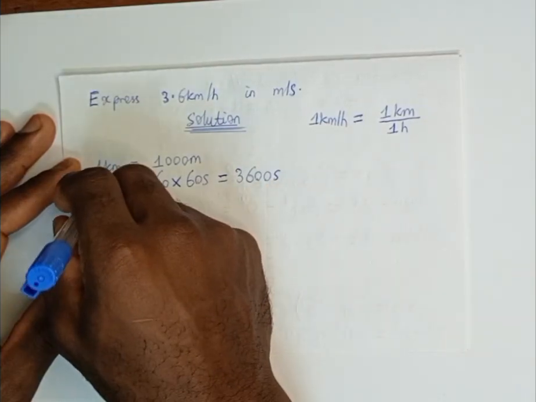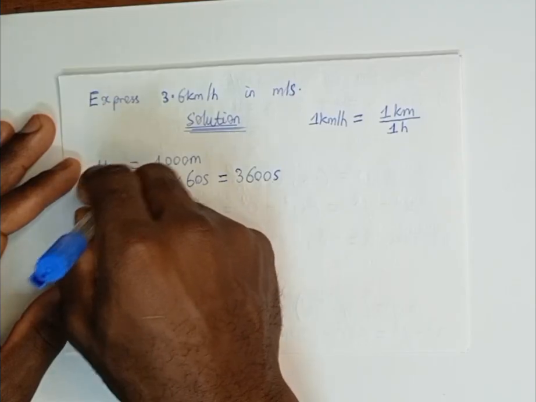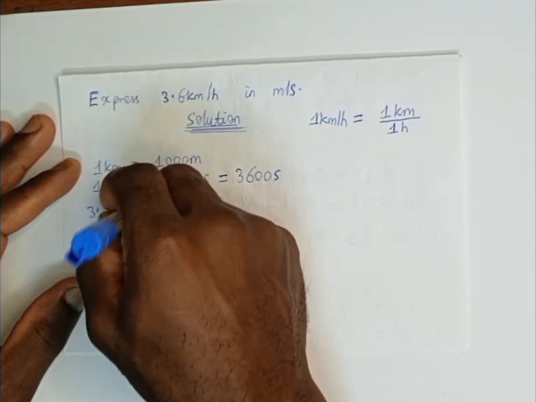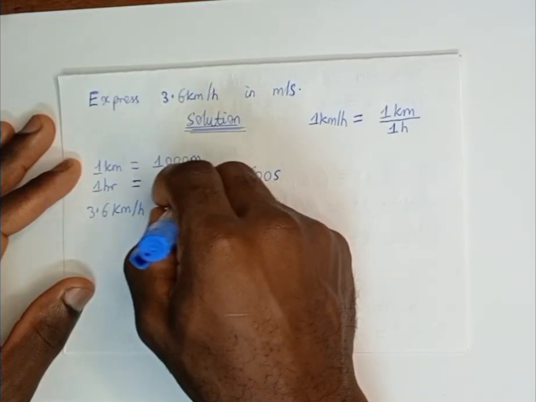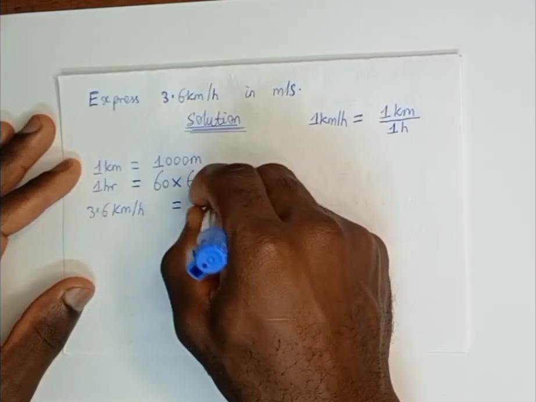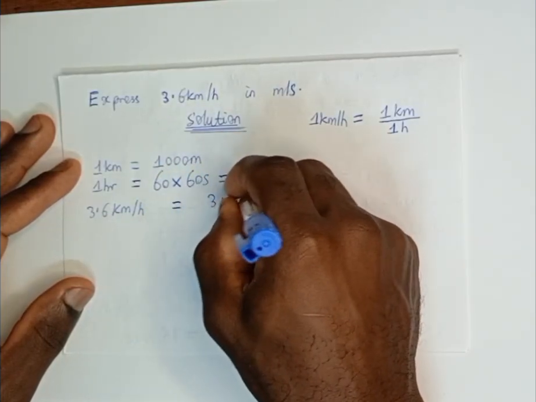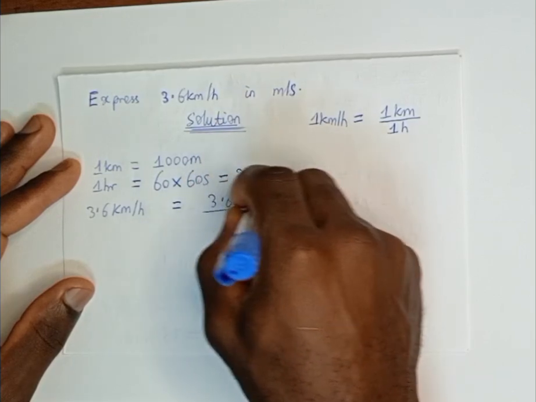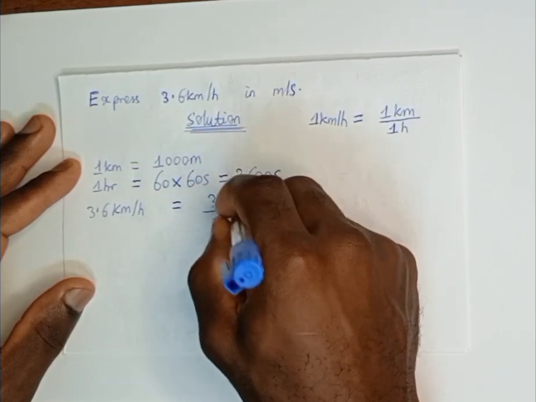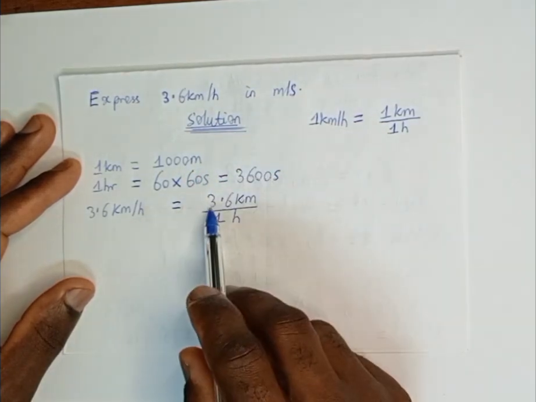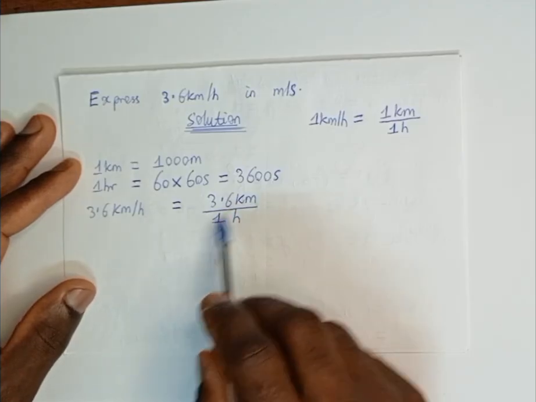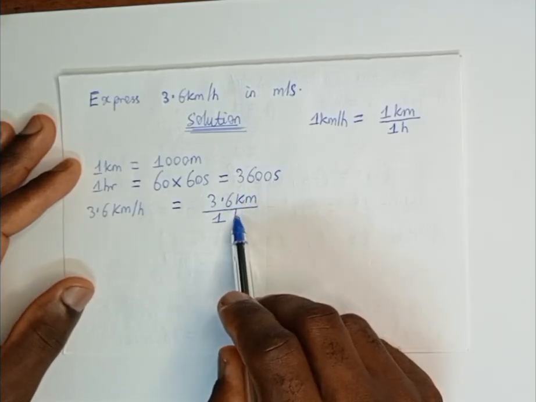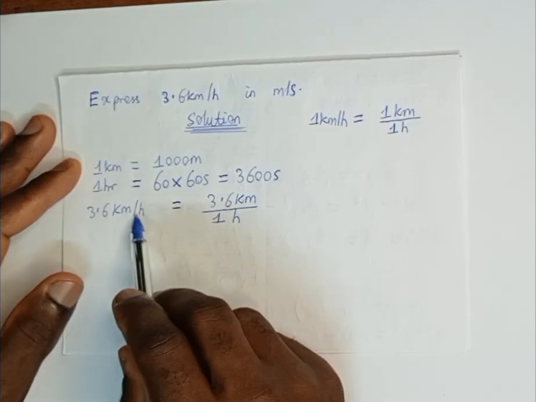Now, if we take the speed, which is 3.6 kilometers per hour, we can express this as 3.6 kilometers divided by 1 hour. If we divide 3.6 by 1, it remains 3.6. If you divide kilometers by hour, it gives you kilometers per hour.